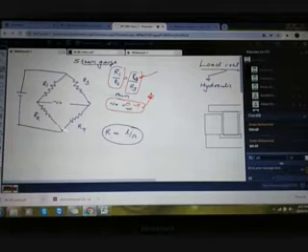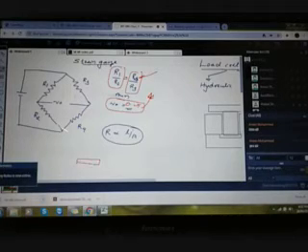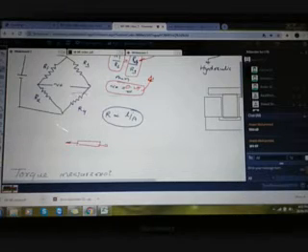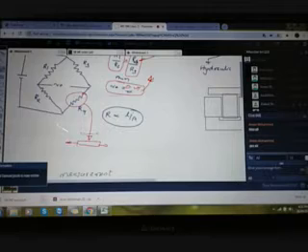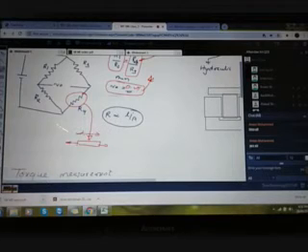In the case of strain gauges, when we apply a certain tensile force, what will happen to the circuit? Say R4 is connected to this material. When a tensile force is applied, the length will increase and the area will reduce.